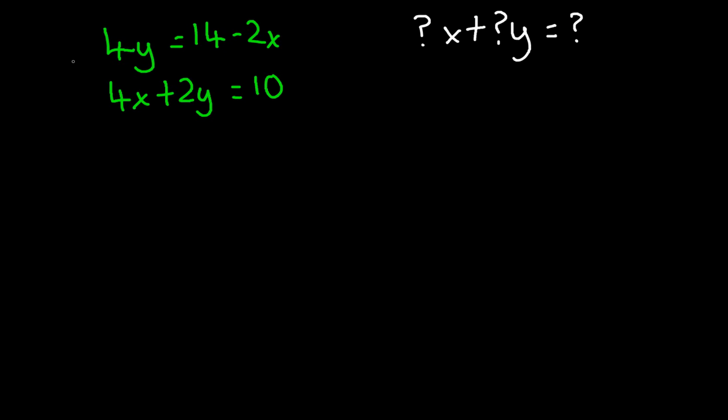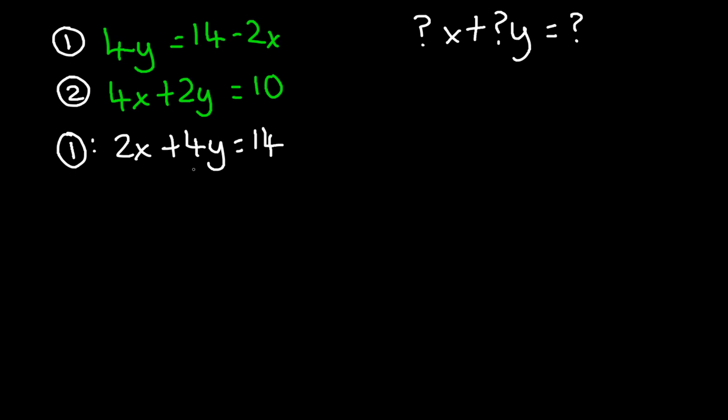So rearranging these, remember we shall label them equation 1, equation 2. We can rearrange equation 1 by adding 2x to each side, so 2x plus 4y is equal to 14.